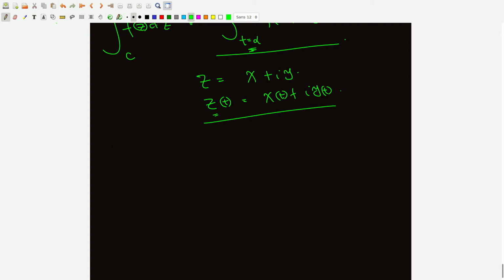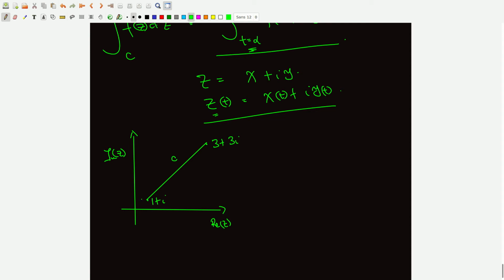So here, the first example, let's see. We want to evaluate this integral over a path c from z1, 1 plus i, to the complex number z2, which is 3 plus 3i. This is the real part of z, and this is the imaginary part of z.